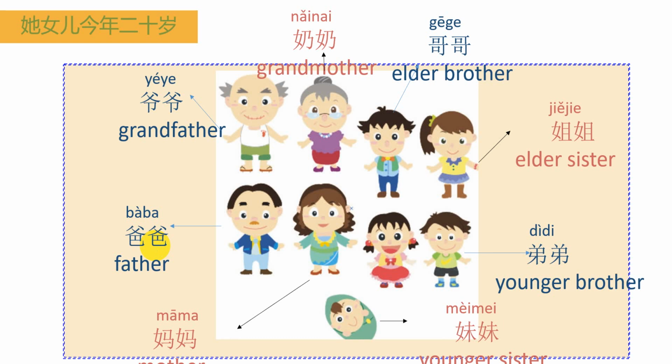Just now I asked you, 你家有几口人? This time, can you tell me, 他们是谁? 他是爸爸。Oh, father. And then?